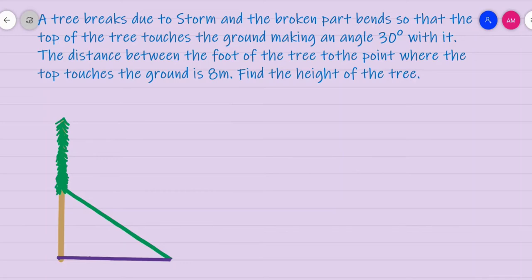A tree breaks due to storm. Children, now I think you do understand many trees break when we have a long storm, a big storm during the rainy season when it rains heavily.